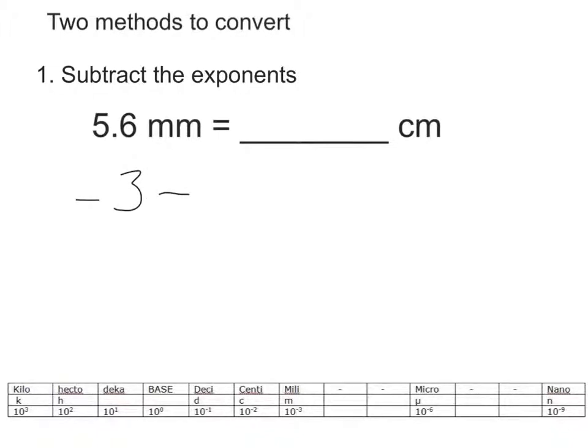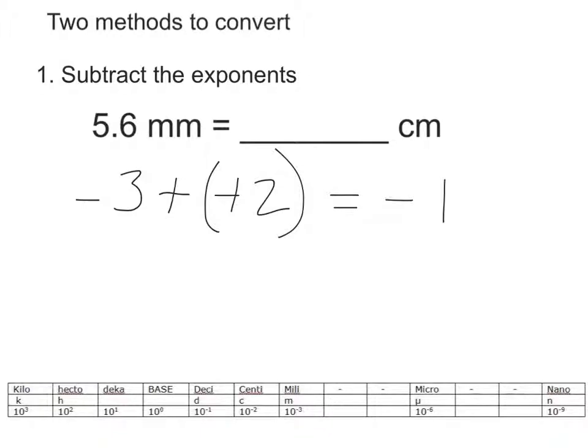We're going to subtract the exponent for centi, which on our table is -2. So -3 minus -2. Remember, when you're subtracting negatives, two negatives equal a positive, so we do -3 plus 2, which is -1.